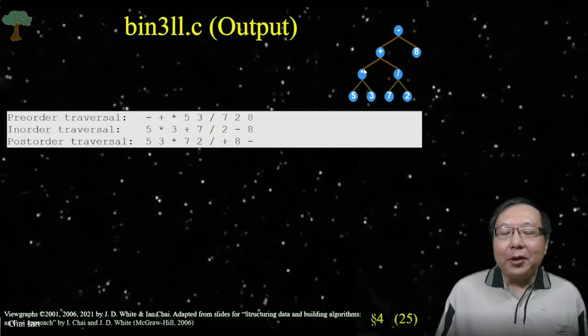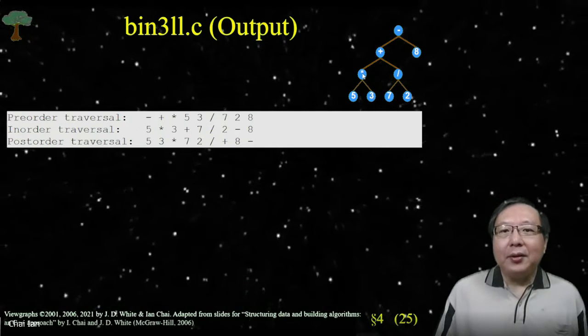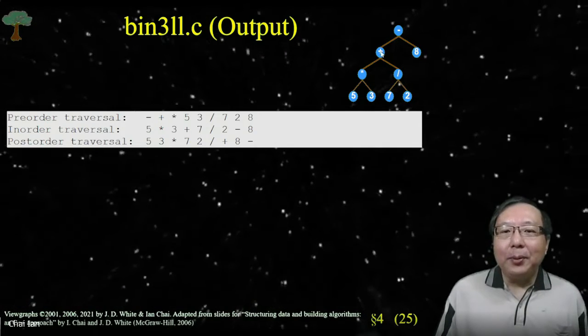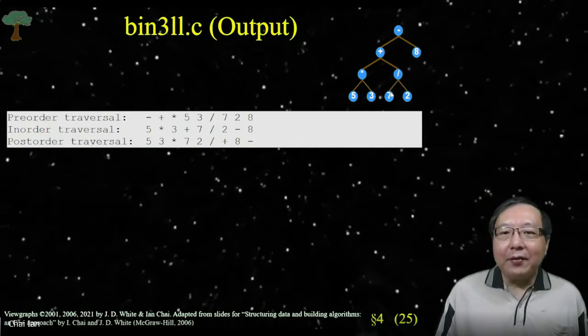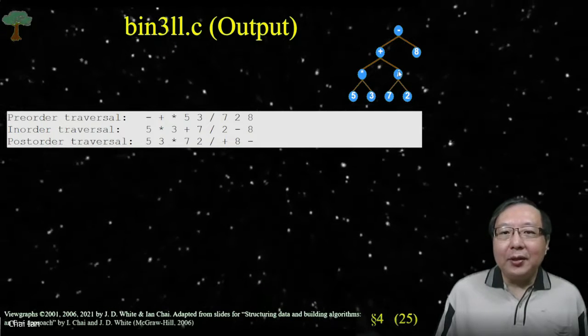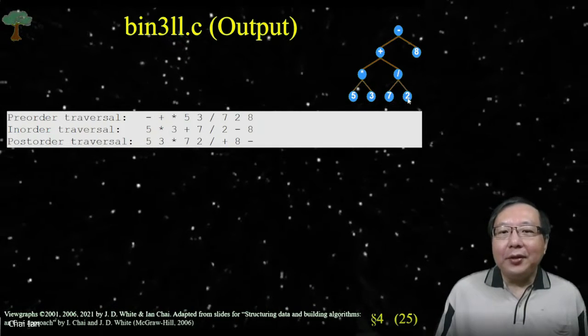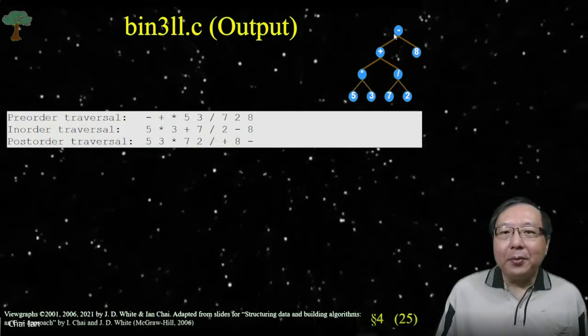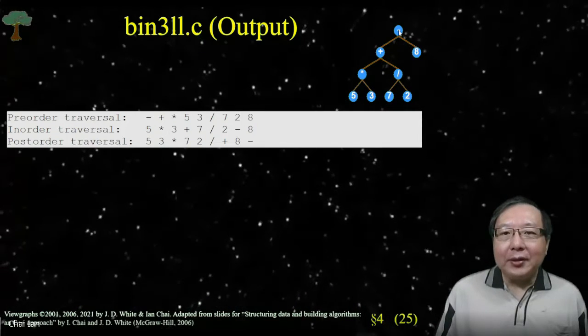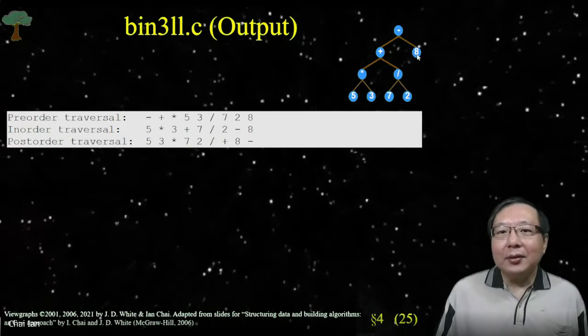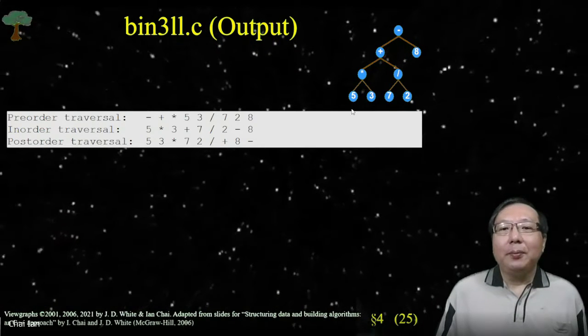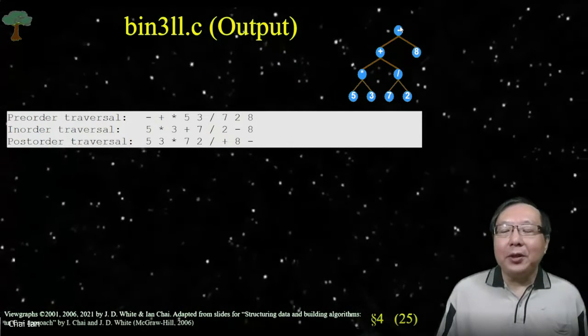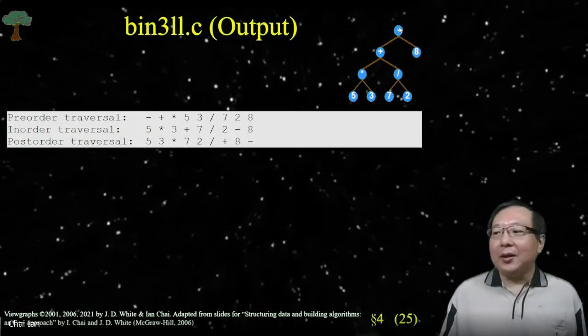Do the middle, multiply. Do the right, 3. Finish this one. Do the middle, plus. Do the left side first, 7. Middle, divide. Right, 2. Go back up to here. Do the minus. Do the 8. And then I'm done.